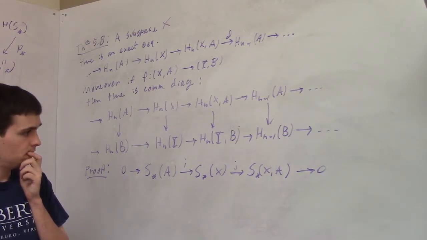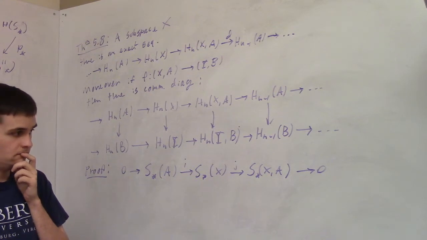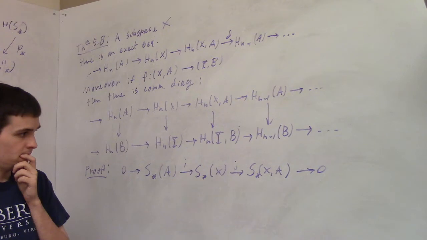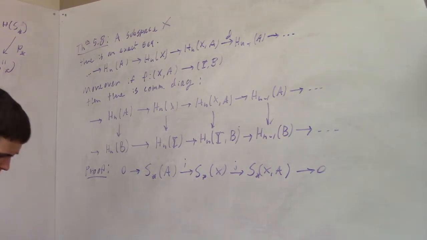What is X, A? Maybe I jumped the gun here. Yeah, so if X, A is like S star of X mod S star of A, right? Oh, never mind. Didn't you already explain that it was exact? Yeah. I don't know, I might have missed it. Where was that? On page 90. Let's see. Oh, that's like forever ago.